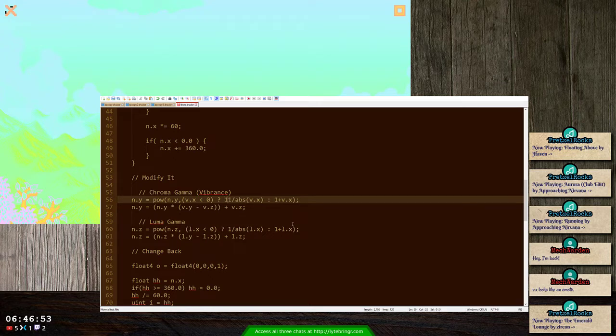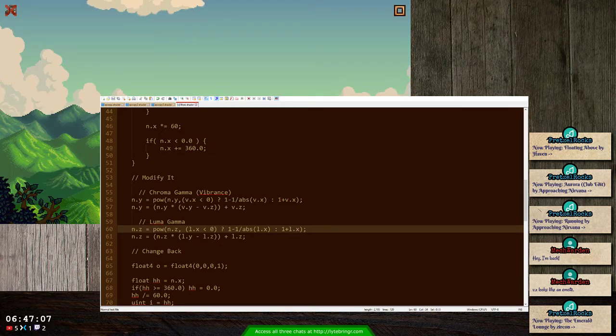And so it should be 1 minus that fraction. There we go. Now if we turn this off, we still have it set to vibrance 85%.